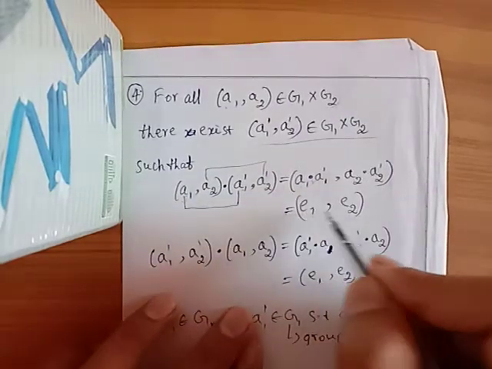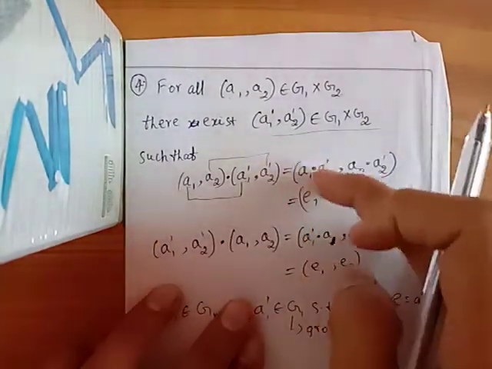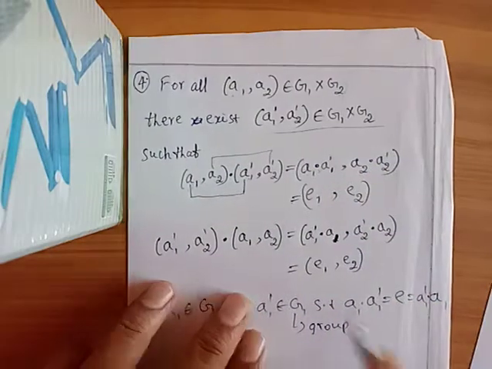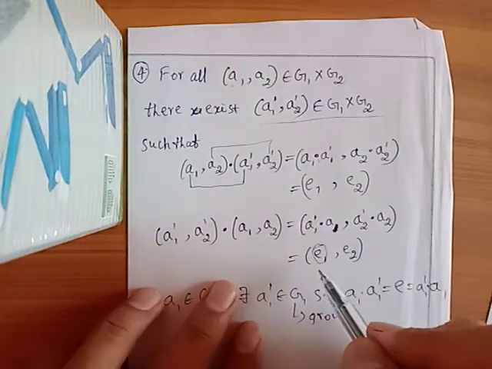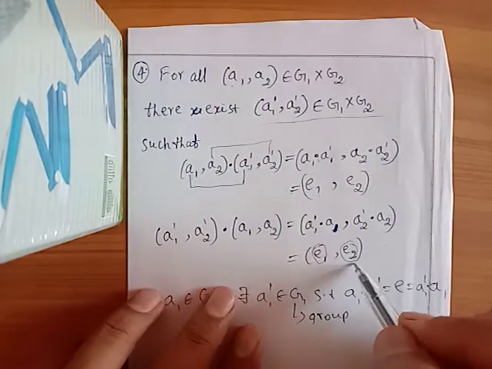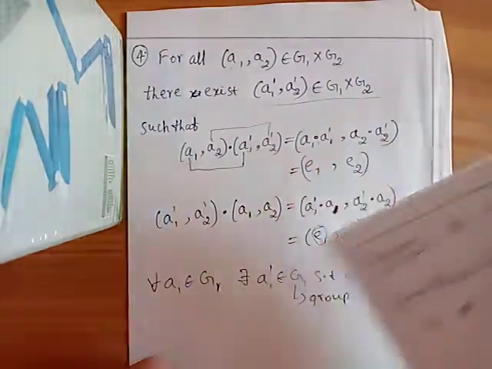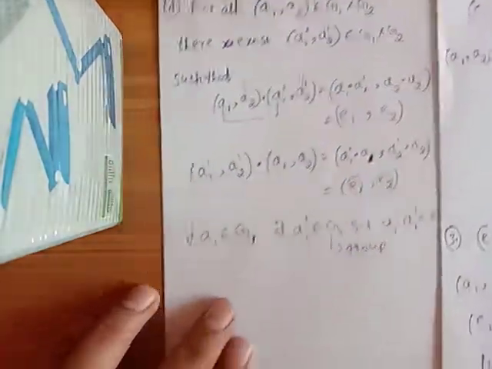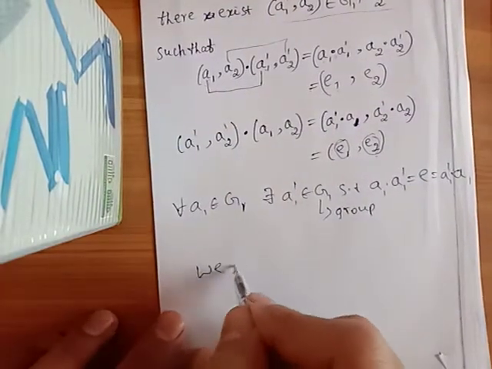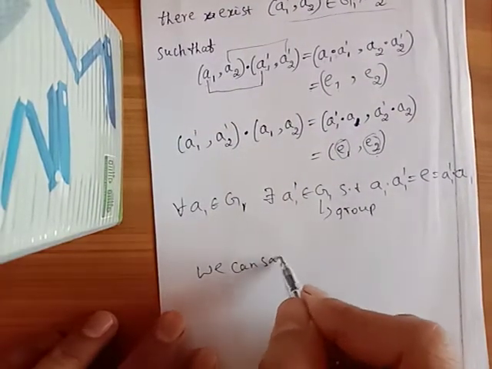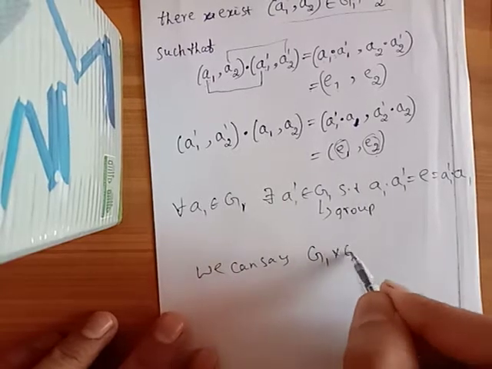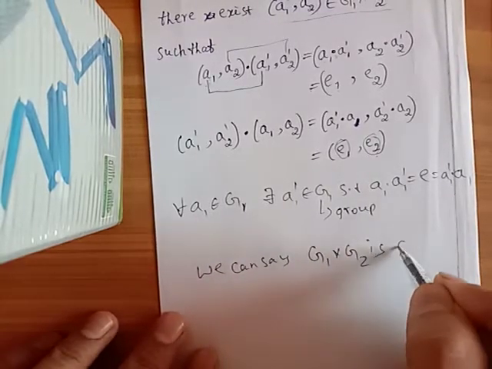By this we get (E1, E2), the identity element in G1 and the identity element in G2. So it follows all the properties of groups. So we can say G1 cross G2 is a group.